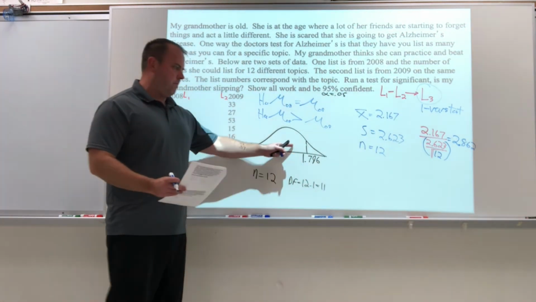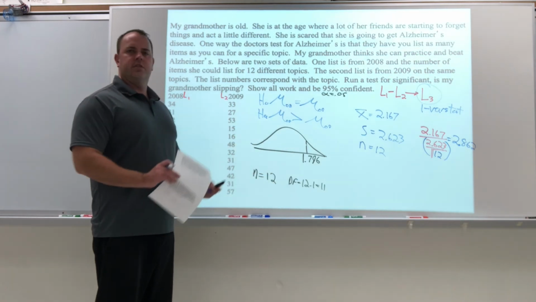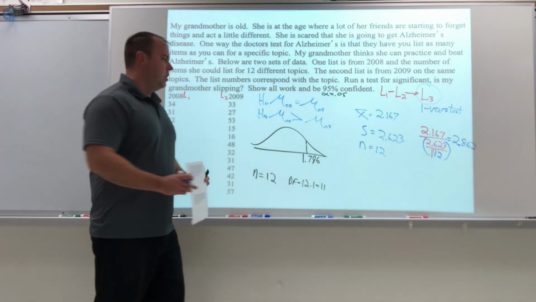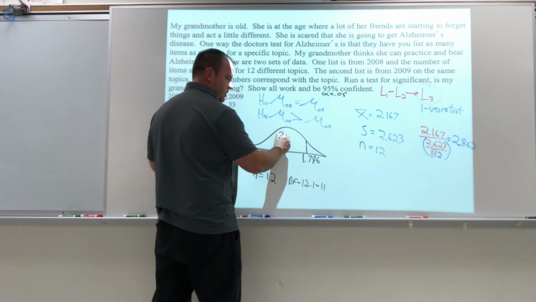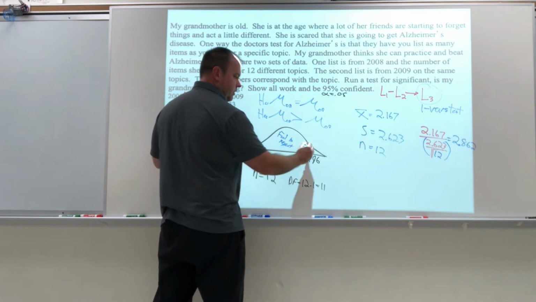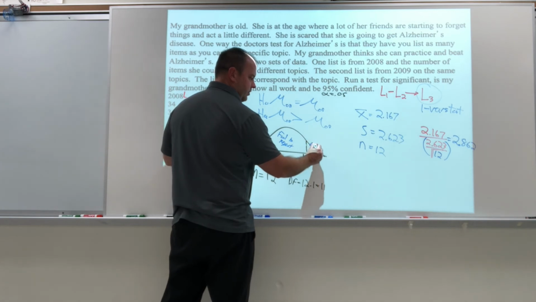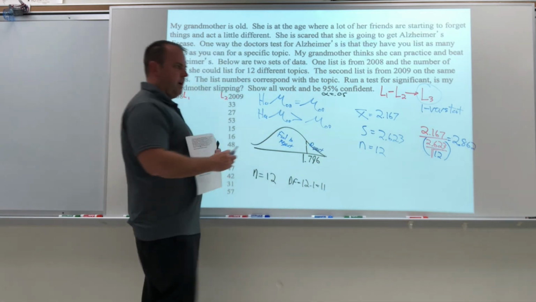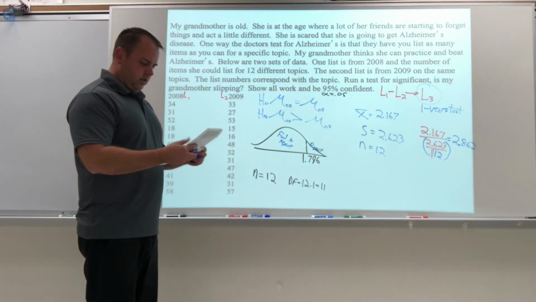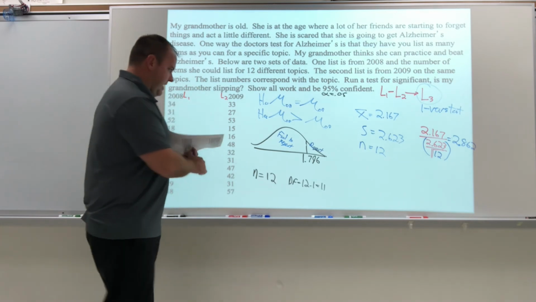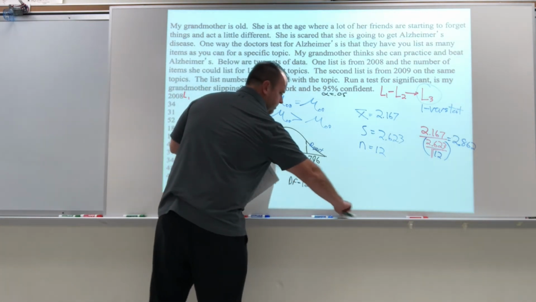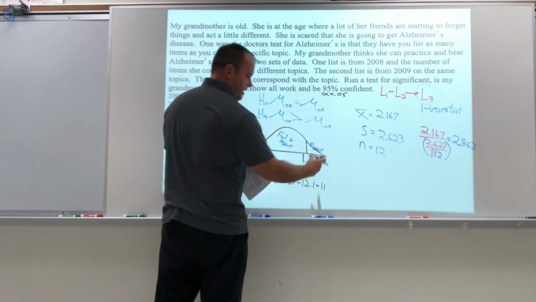And now we're just going back to our curve, and all this is the same as the last section. We have our fail to reject. We have our reject, and this is all talking about the null. I'm going to look where that 2.862 lands, and we would see that it lands in the reject area.